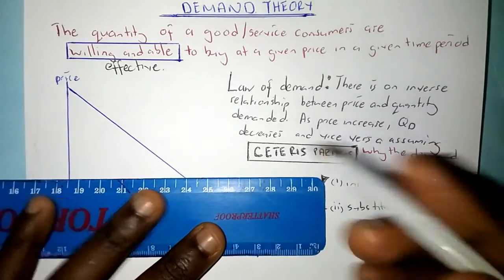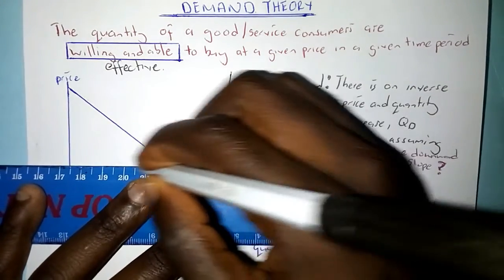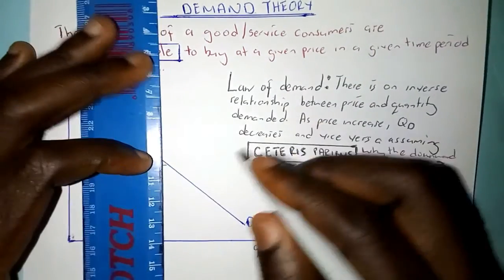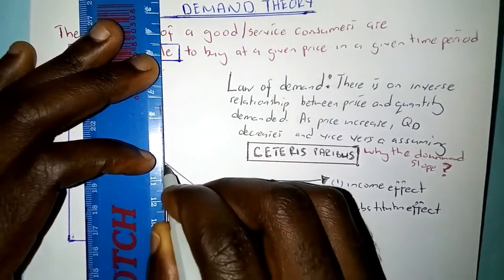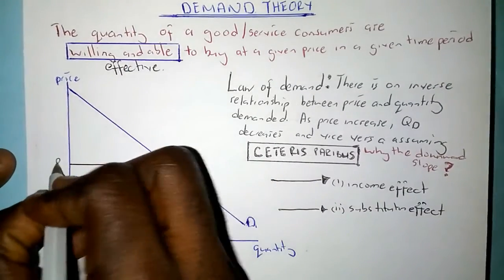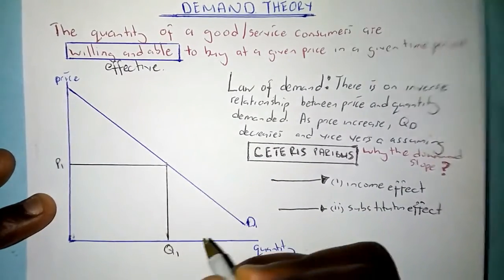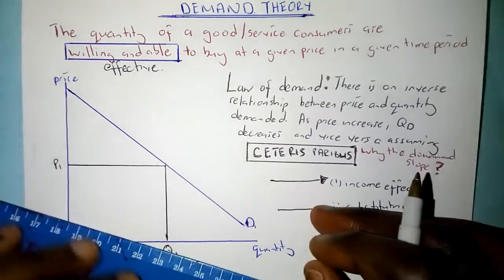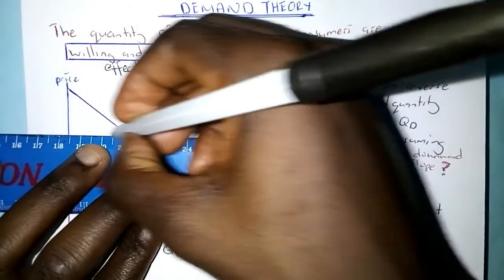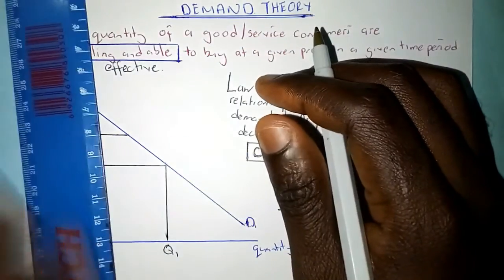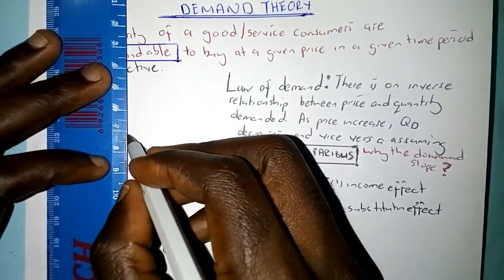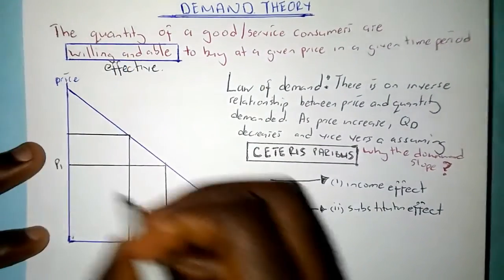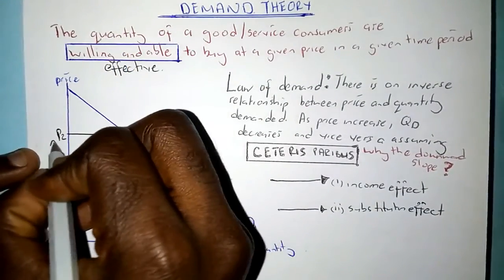So I want to put an initial price, let's say this was P1 and Q1. Let's put a price increase to here. And what is going to happen to the quantities? Let's say this was now P2. There was a price increase.